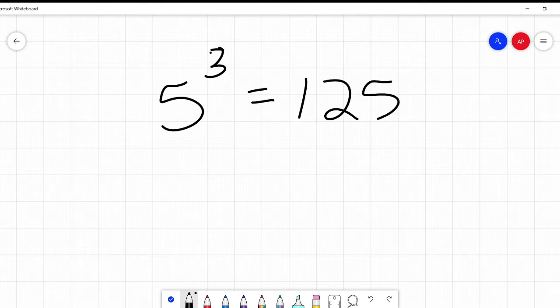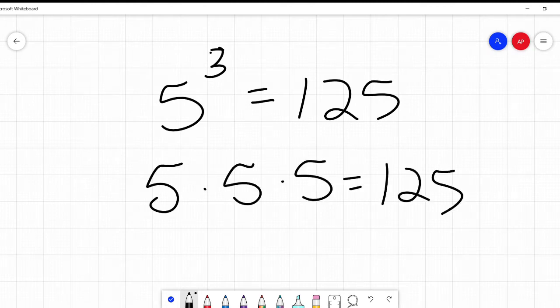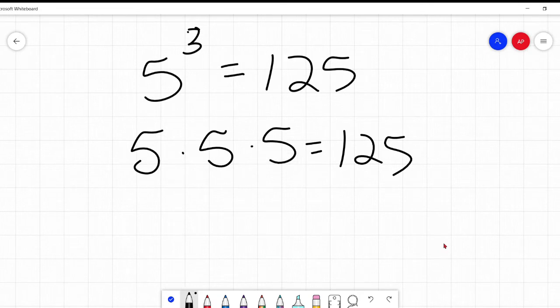5 to the power of 3 equals 125, or 5 times 5 times 5 equals 125. Logs are just a different way of looking at these. It's pretty straightforward, but also confusing at the same time. Let me explain.